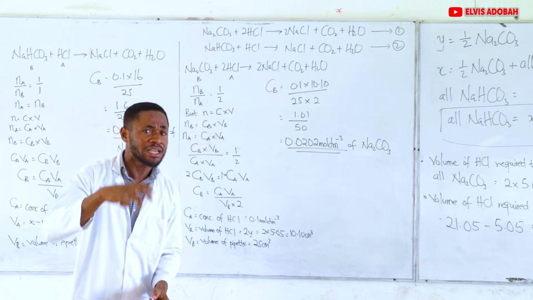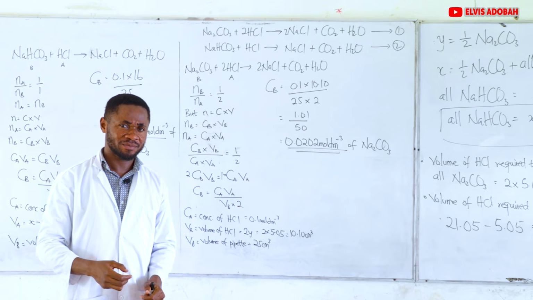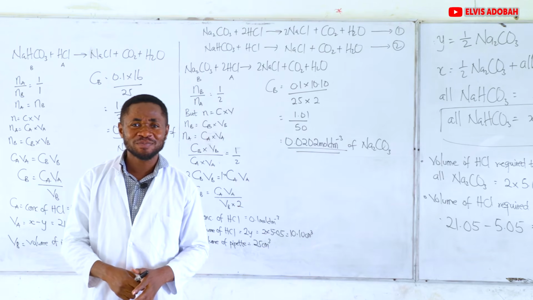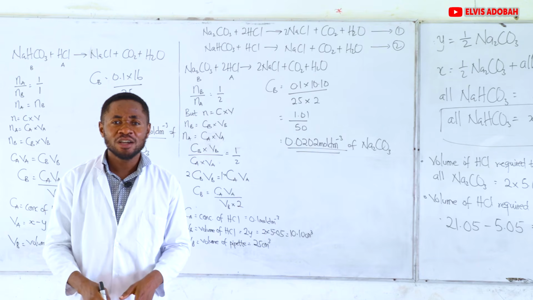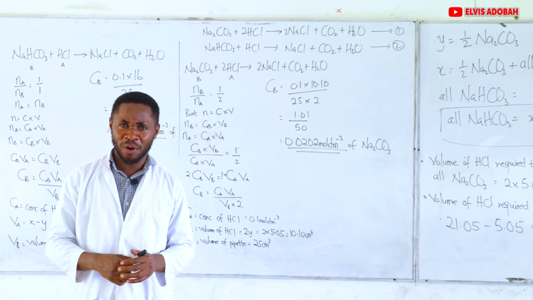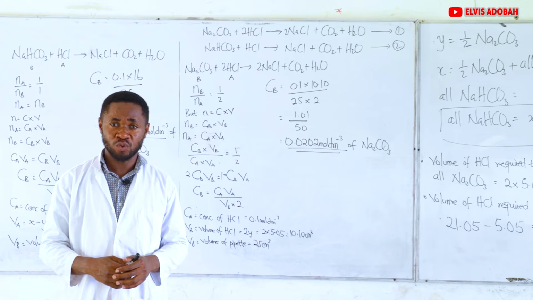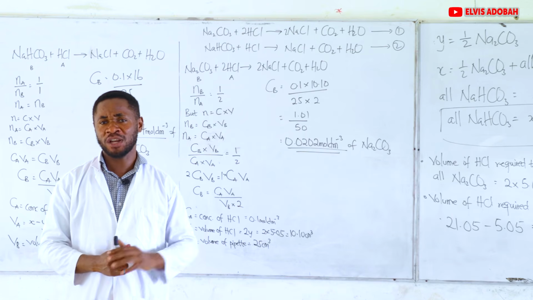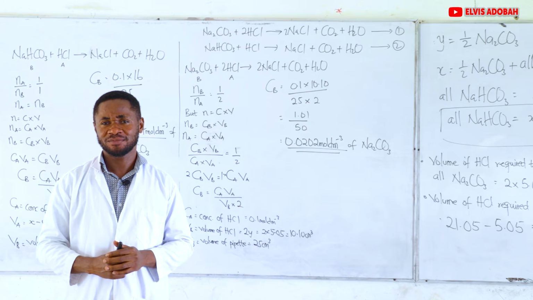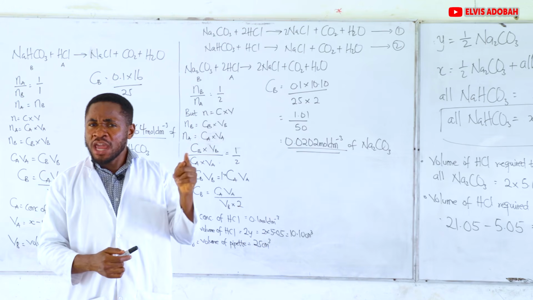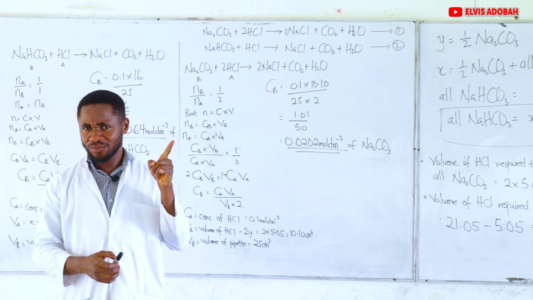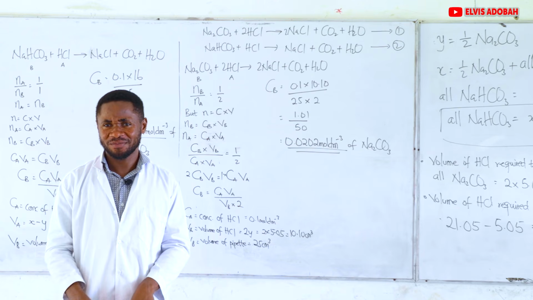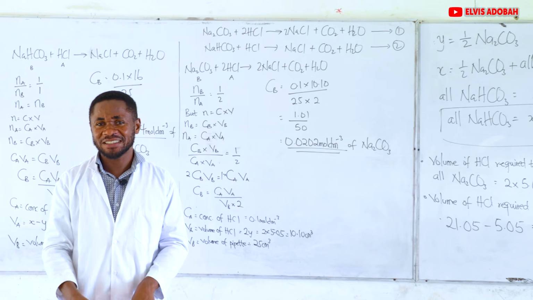But come to think of it, it really makes sense, because in the titration, we started at 0.00. The first one, we had 5.30 as our endpoint for the phenolphthalein titration. Then we continued with methyl orange and got to 25.05. What did this tell us?